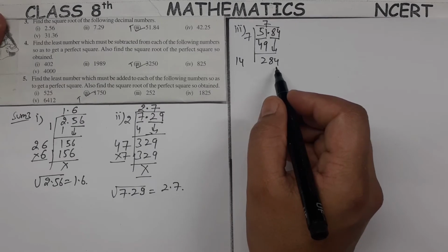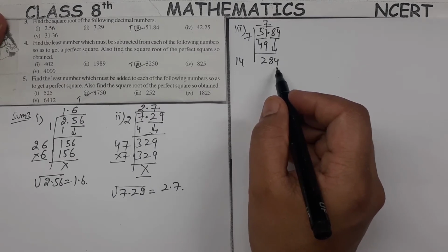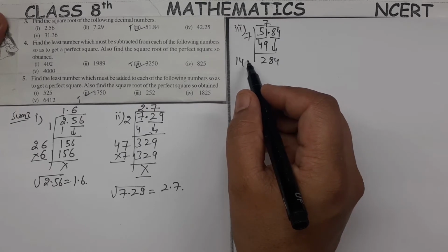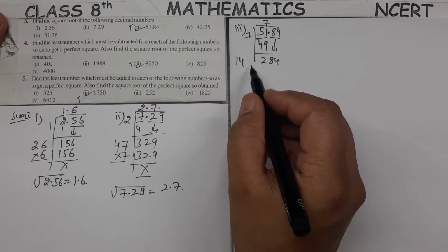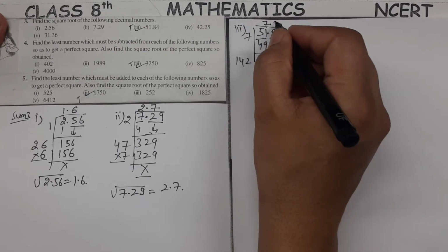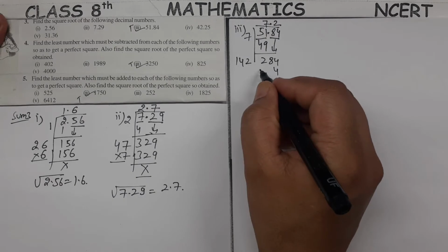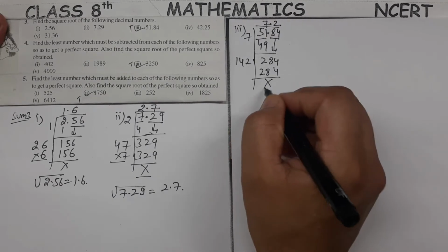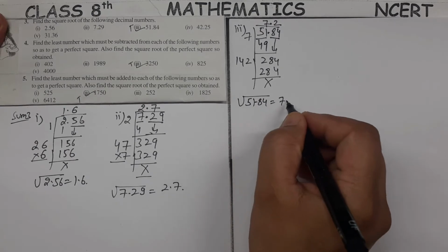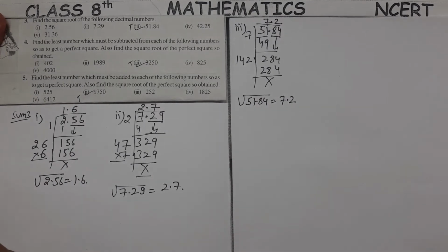We know that 2 squared is 4 and 8 squared is 64. If I put 8 here, multiplied by 8, the number is greater than 284, that's why I will put 2 here. Point 2. 2 twos are 4, 28, subtract, remainder 0, hence the square root of this number is 7.2.